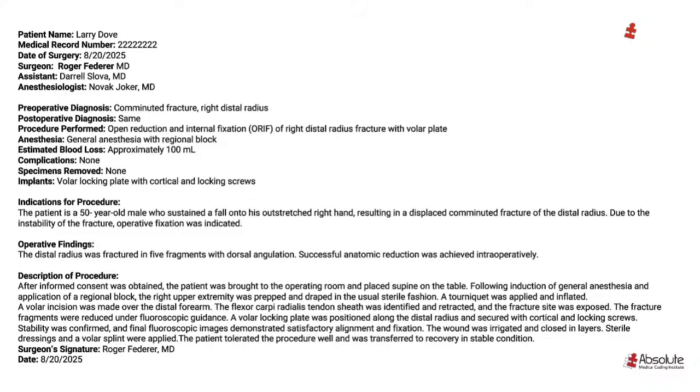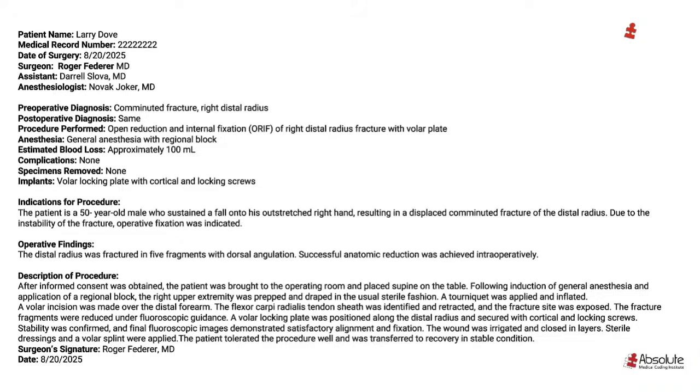The fracture fragments were reduced under fluoroscopic guidance. A volar locking plate was positioned along the distal radius and secured with cortical and locking screws. Stability was confirmed, and final fluoroscopic images demonstrated satisfactory alignment and fixation.